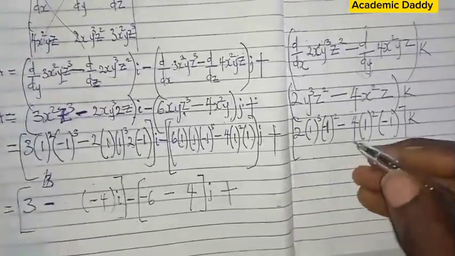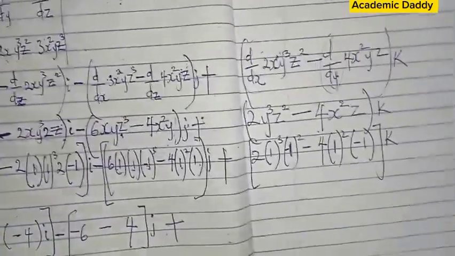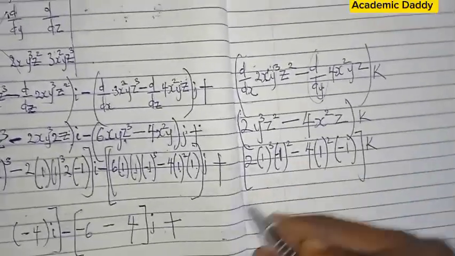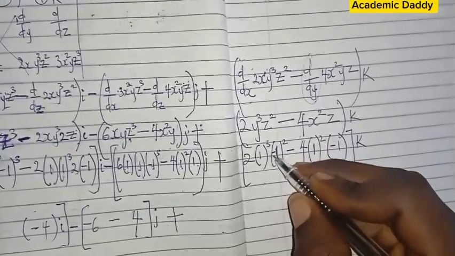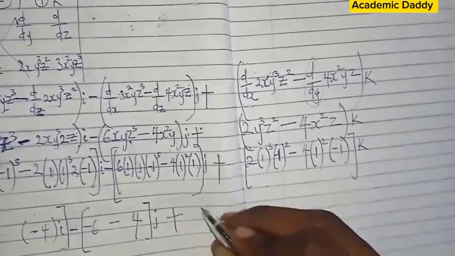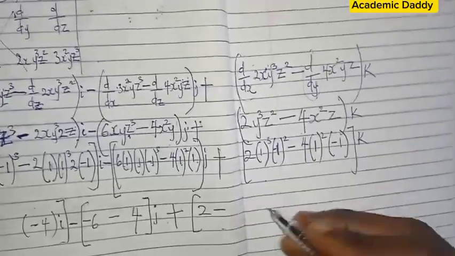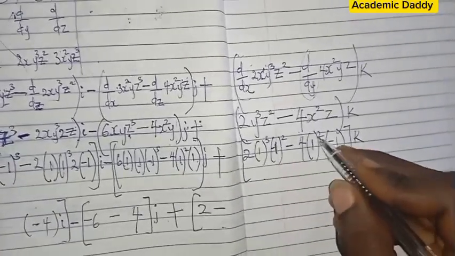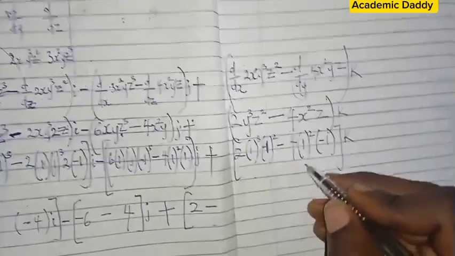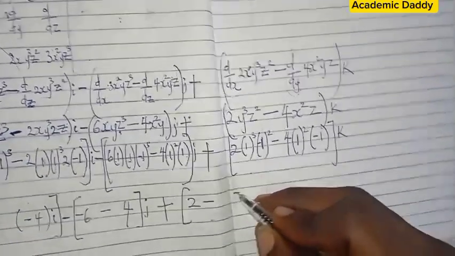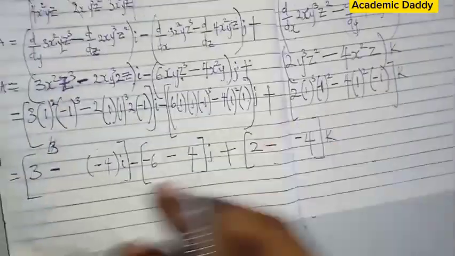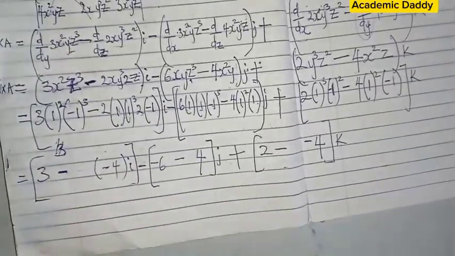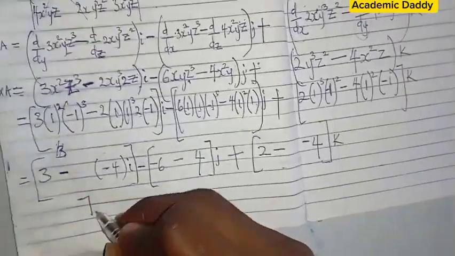j plus, for this one we have 2 into 1. 1 squared is 1, minus 1 squared is 1. So if you do this, it's going to give you 2 minus 1 squared is 1. 1 times 4 is 4. 4 times minus is minus 4. Minus 4. Okay, so this is going to be plus. So this is 7i.